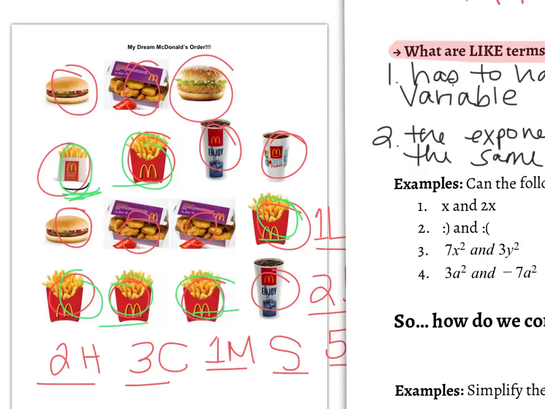No. I can't combine a small French fry with a medium French fry because they're not the same size. Okay, my next question, if I circle in blue, if I say I want a hamburger and I want chicken nuggets, and they produce me a McChicken, can I do that? No, I can't add a hamburger and chicken nuggets and get something different. They're very different food items. I have to keep them separate.